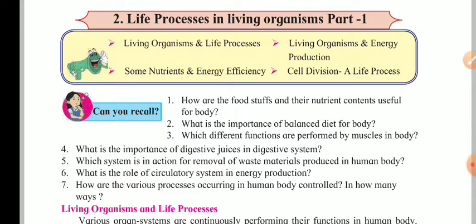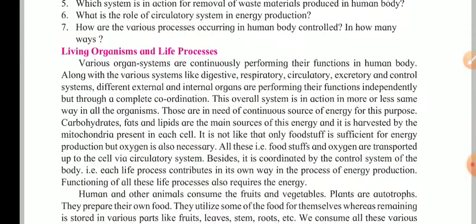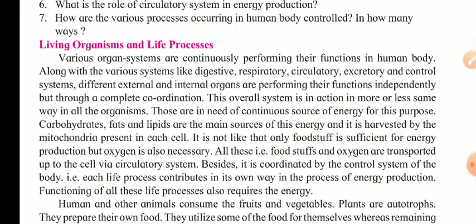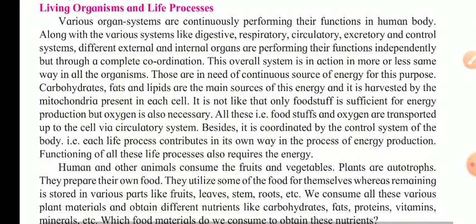But in the body of a living organism, different processes are carried out in coordination, and that coordination makes the entire life possible. Living organisms and their life processes are interrelated.